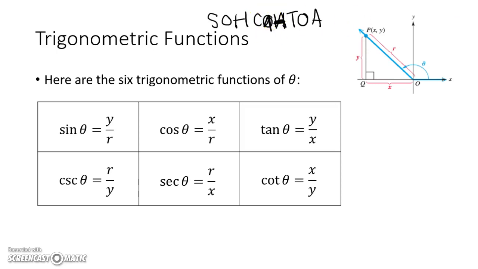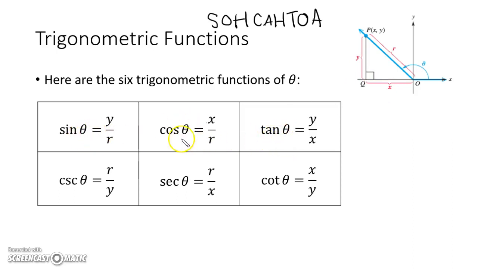Maybe I should really learn how to spell today. I'm just going to fix this real quick. Yay! Okay. So cosine of theta is adjacent over hypotenuse. And tangent of theta is y over x, which is opposite over adjacent. That's how you'll figure out tangent.